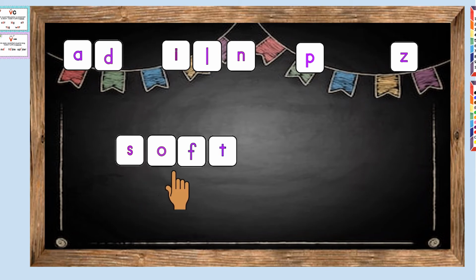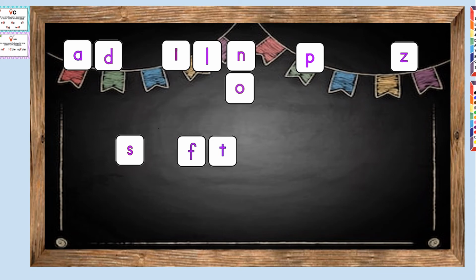S, O, F, T. Let's do it again a little faster. S, O, F, T. And one more time a little faster. Soft. The kitten had soft fur.